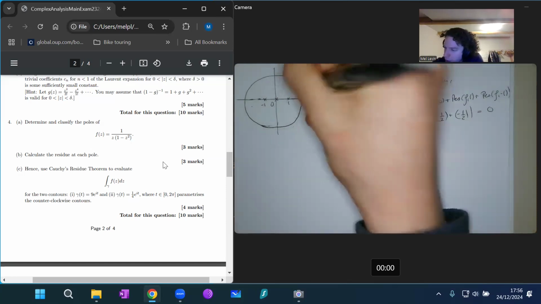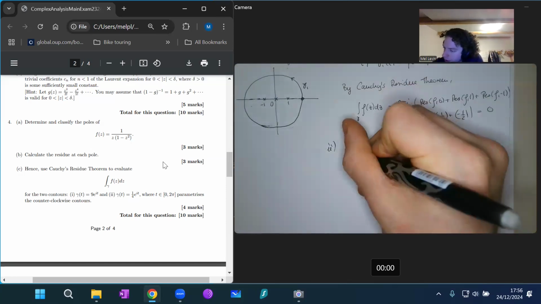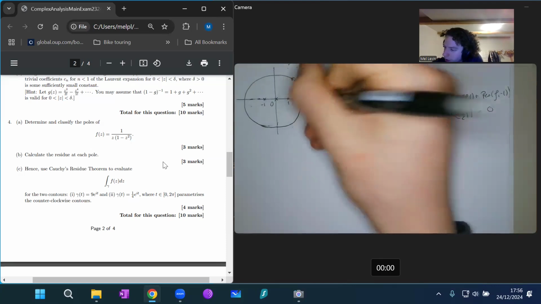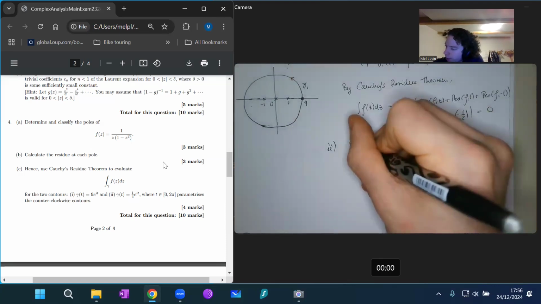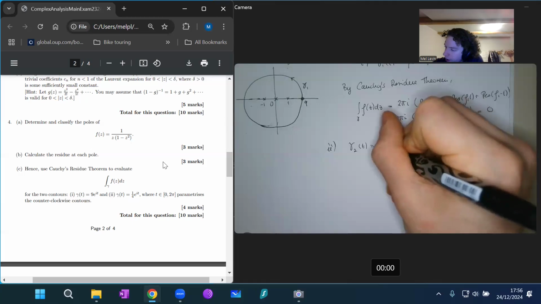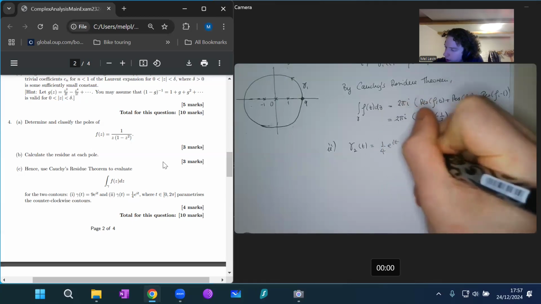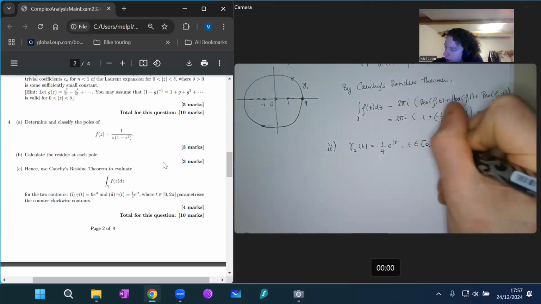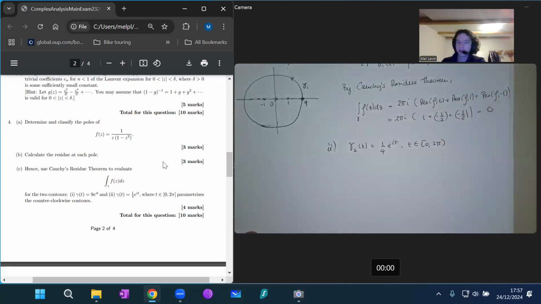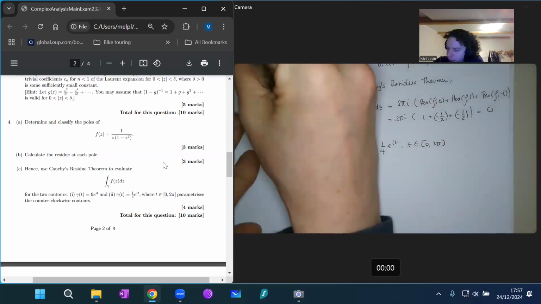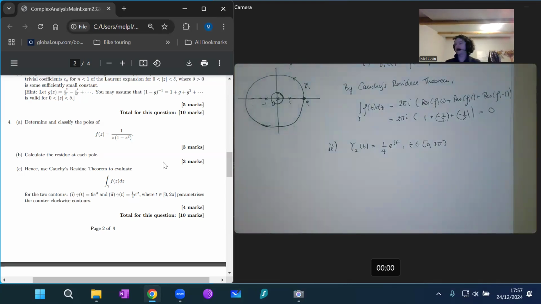Cool. Then in 2, that's gamma 1 there. So gamma 2 is defined as a quarter e to the it, with t running from 0 to 2 pi. That's just going to be a circle of radius a quarter centered at 0.